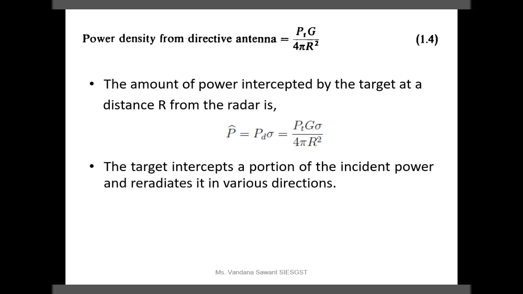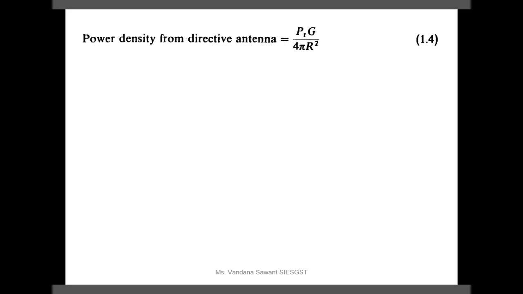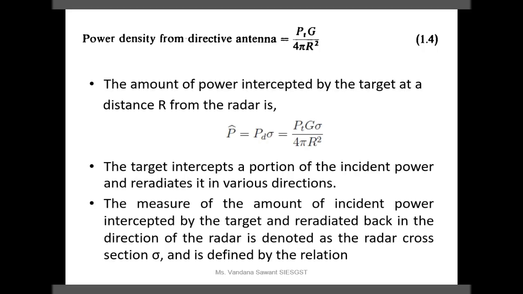Now, when the target intercepts this portion of the radiated or incident power, the target will not absorb all of this incident power. So what will the target do? It will re-radiate the power in various directions. As the target is re-radiating the power in various directions, the measure of the amount of the incident power intercepted by the target and re-radiated back in the direction of the radar is denoted as the radar cross-section area.